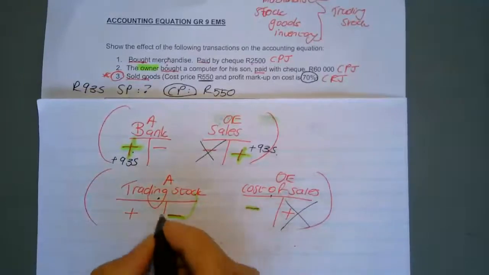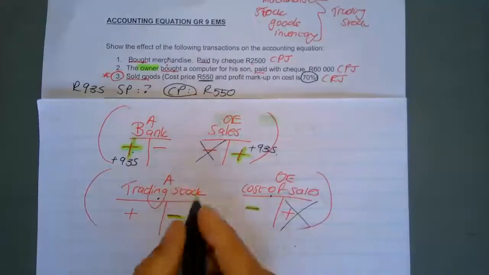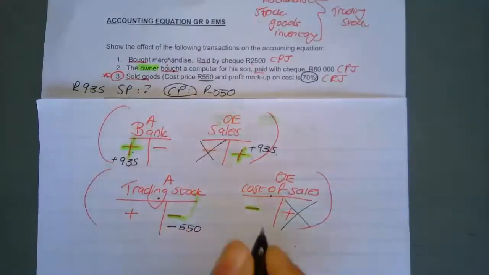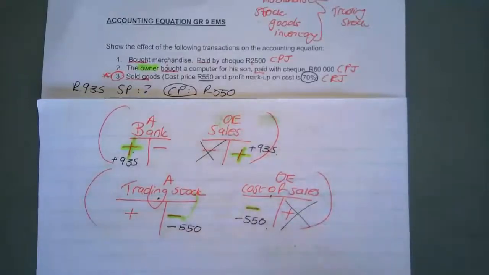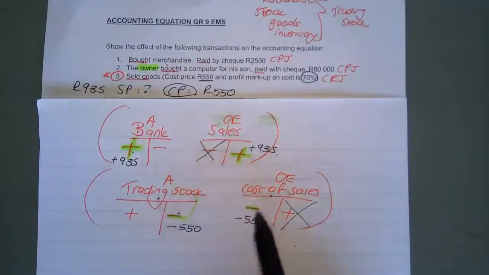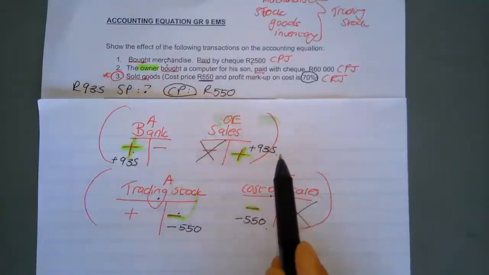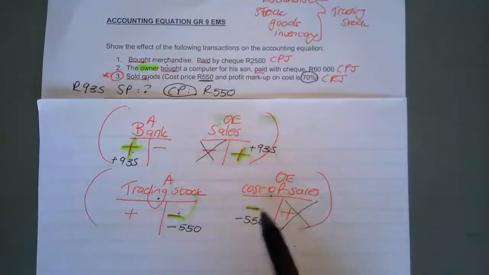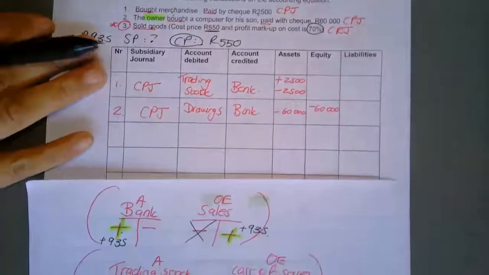So I'm losing trading stock to the value of cost of sales, which is 550 Rand. Cost of sales is an expense, always 550 Rand. This is what the stock that you are taking home, that I'm losing, cost me, and I sold it to you for this amount. So the difference between these is the 70% profit that I'm making. Now you need to go and fill this into the table.